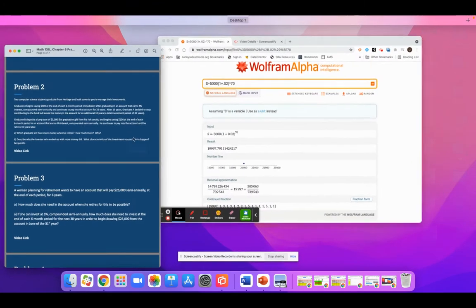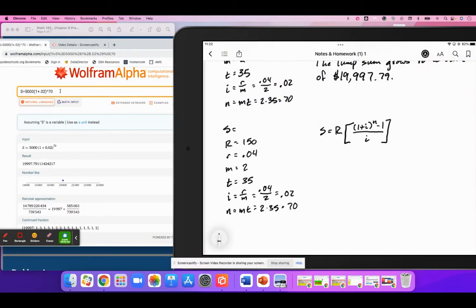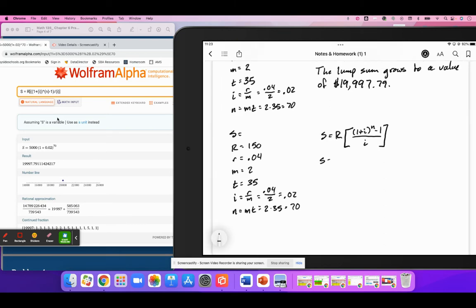And so back in Wolfram, paste that in there. We're going to have S equals 150 times 1 plus I, which is 0.02, to the power of n, which is 70, minus 1 over 0.02.